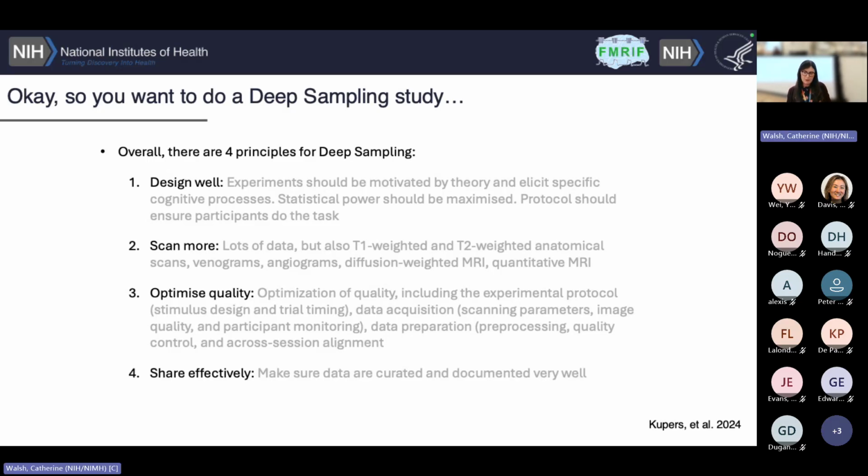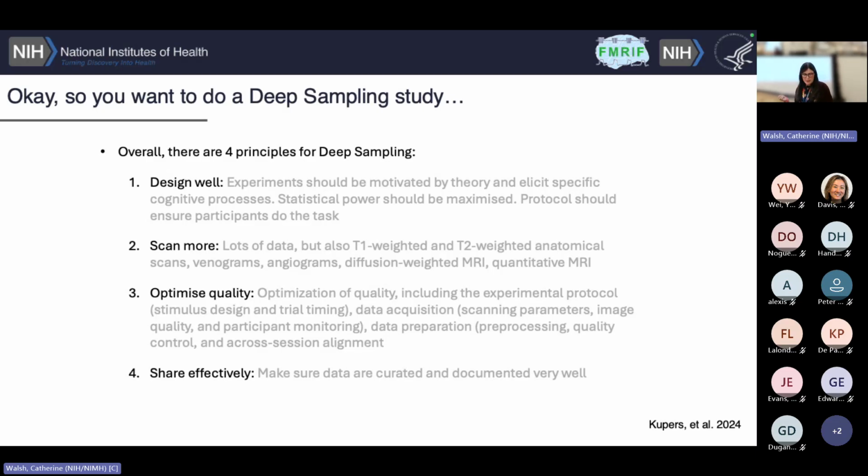Lastly, and this is not something I've talked about yet, you should think about how you can share those data effectively. We as a community are thinking about a lot of the same problems. And some of the data that we have, if they're extensive enough, can be used by others in order to answer really important questions that, again, you may never have thought about.